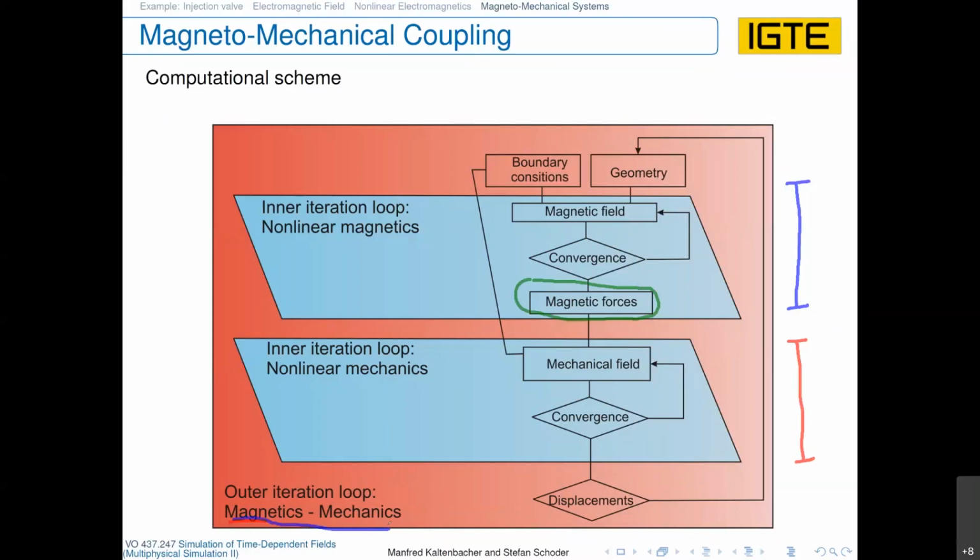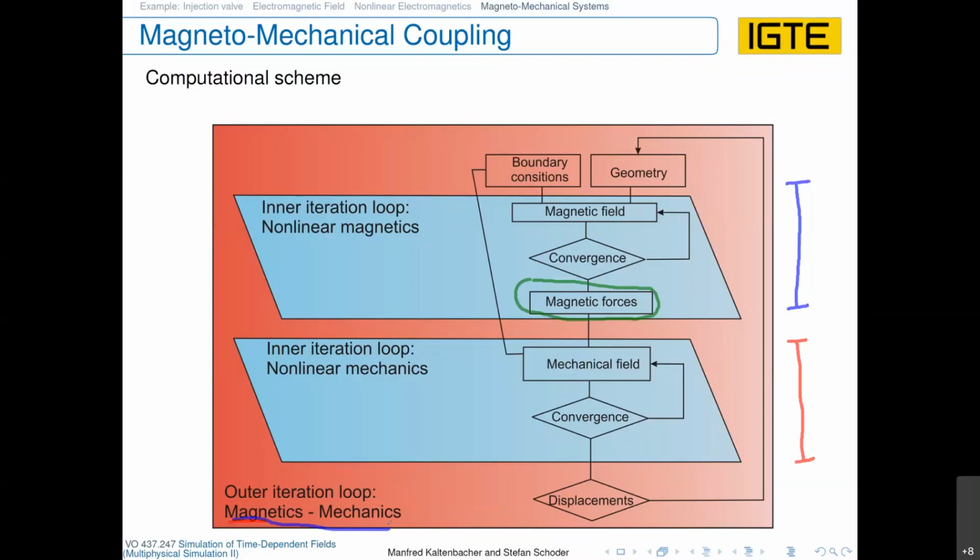So this would also be a good stopping criterion for this outer iteration loop between the magnetic field and the mechanical field. So this is the standard approach for magnetomechanical systems: you separately solve the two fields, but you do an iteration between the two fields so that you get a strong coupling.